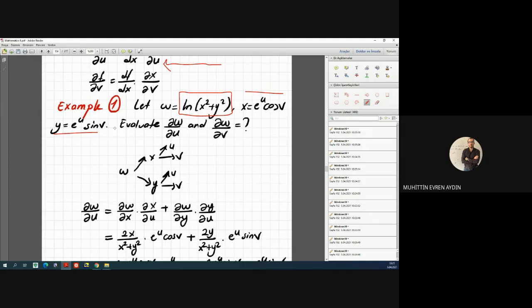So x and y depend on another 2 variables, which means that w depends both on u and v.